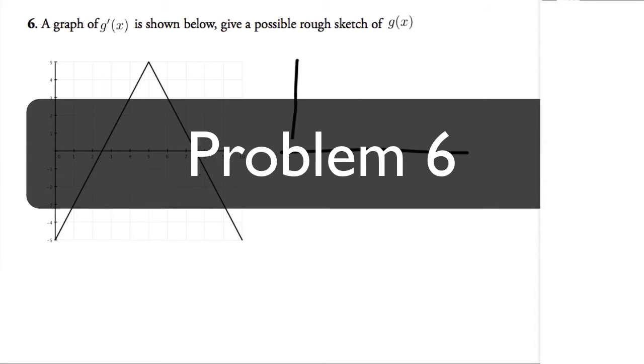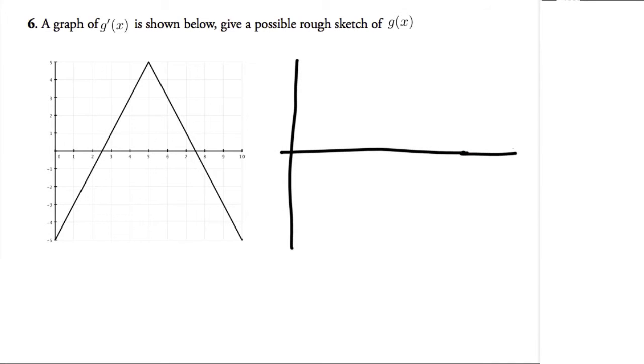Okay, so we're going to try to graph the antiderivative of this function. So let's break this down by section. So we're assuming that this is f prime of x, and this is, oh, sorry, not f, g prime of x. That's the same thing, but okay, g prime of x, and then this is g of x.